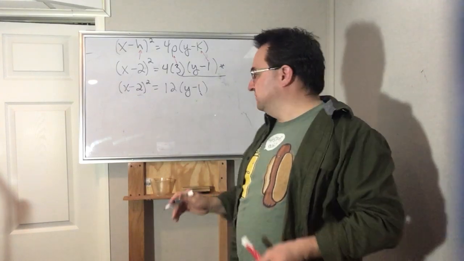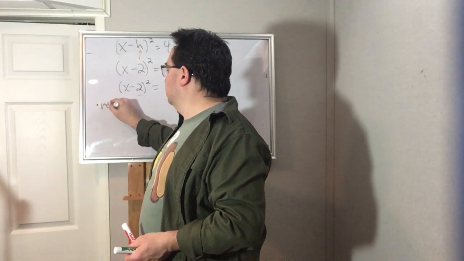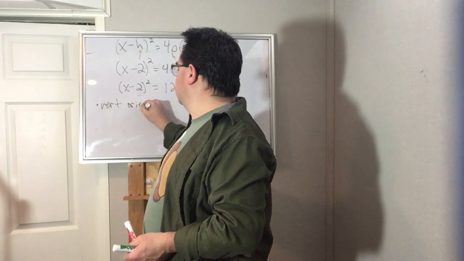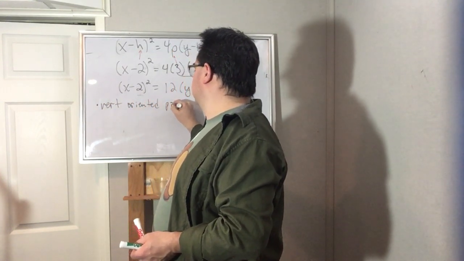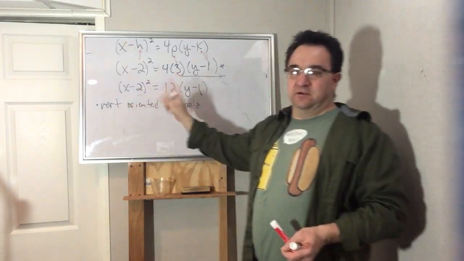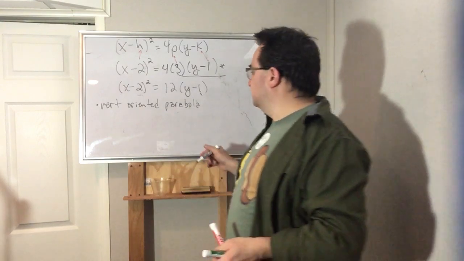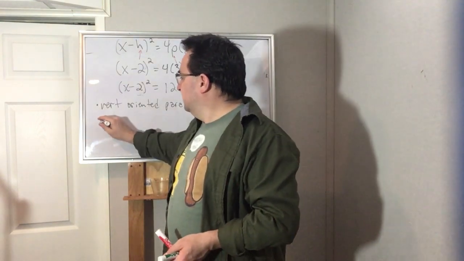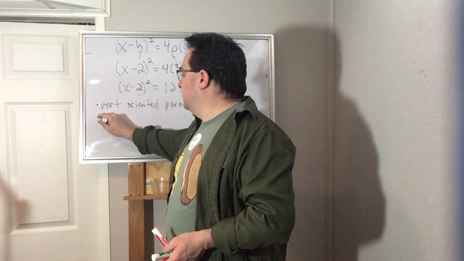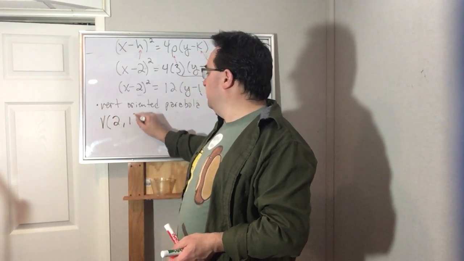So what this is telling me is that this, first of all, is a vertically oriented parabola. Why? Because it's x squared equals y. That tells me it opens up or down. Second, it tells me that the vertex is located at 2, 1.